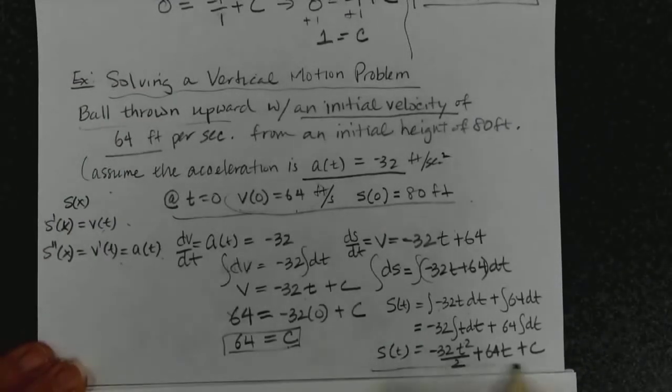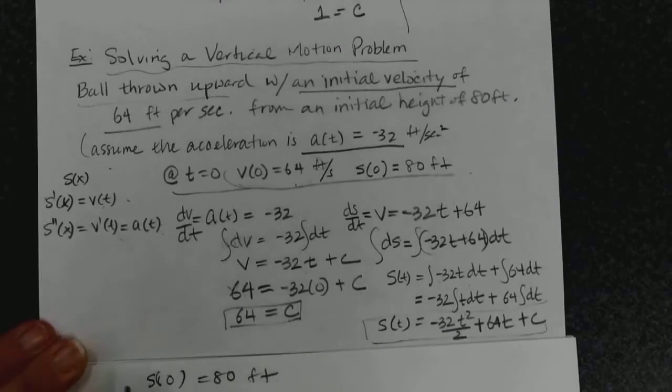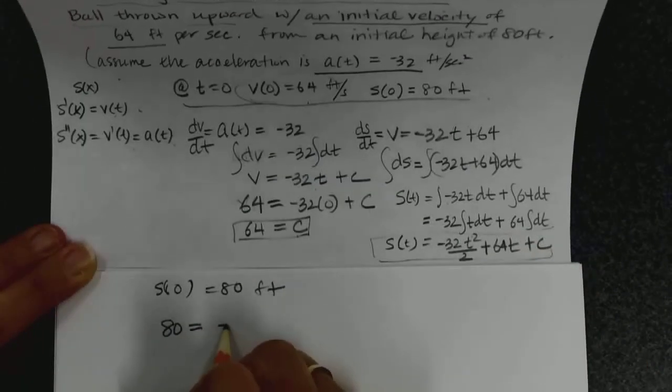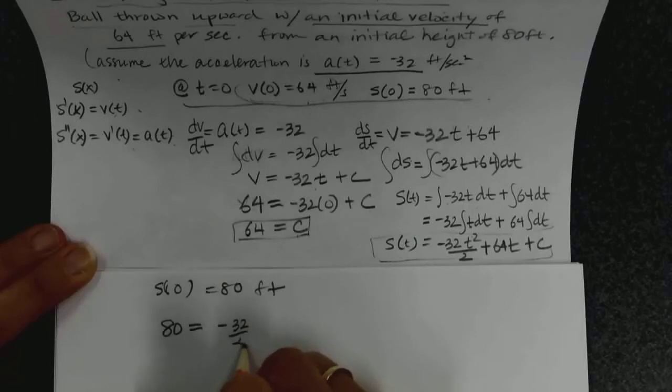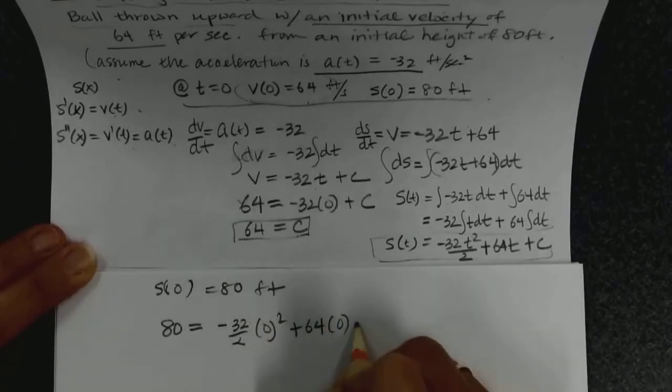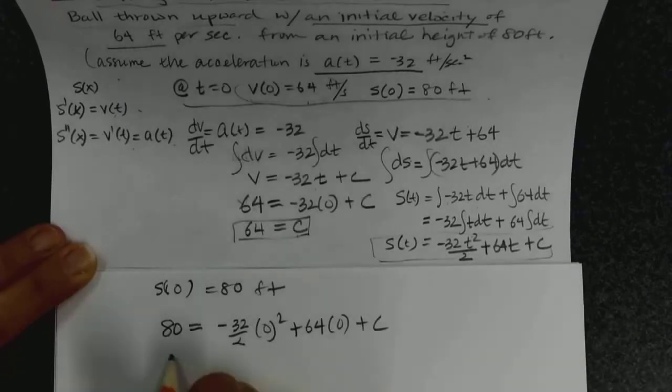Now, given our general solution, we're going to use s of 0, which is 80 feet, to find c. The height is 80 when t is equal to 0, so c has to equal 80.